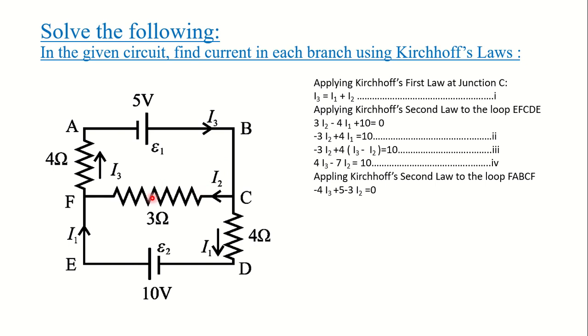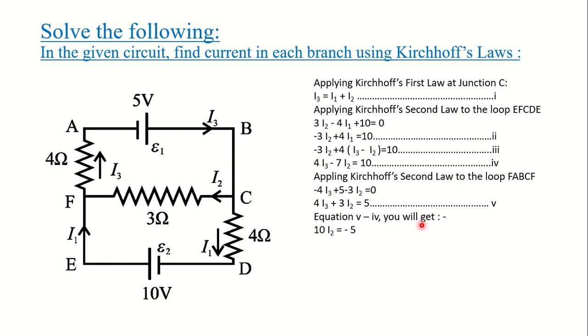So we have to take it as negative. So you will get it as minus 3I2. So you have got minus 4I3 plus 5 minus 3I2 is equal to 0. Now you can see here it is rearranging the terms. You will get 4I3 plus 3I2 is equal to 5.